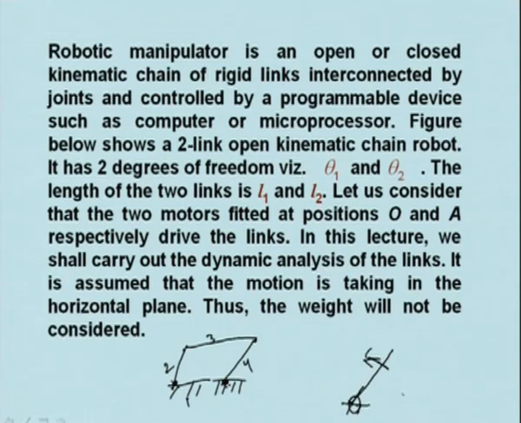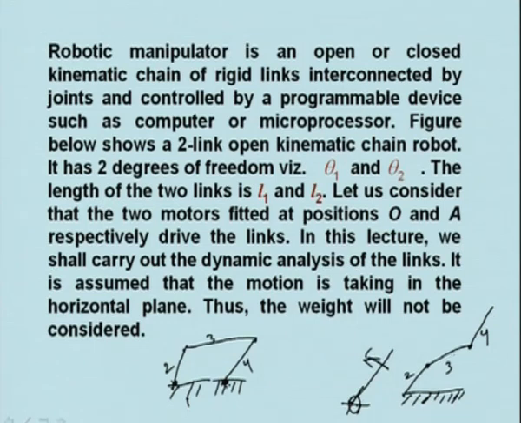And we can have an open kinematic chain also. Suppose one link was fixed, but I could have connected to 2, and this becomes 3, and this becomes 4. In that case it is an open kinematic chain, and in robots these types of things are quite often used.